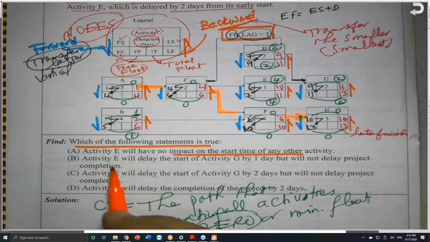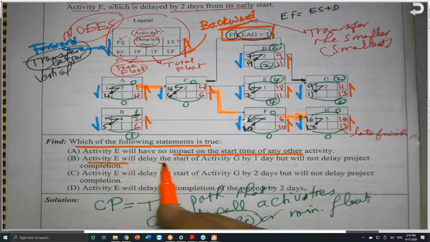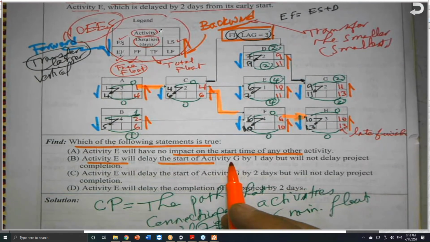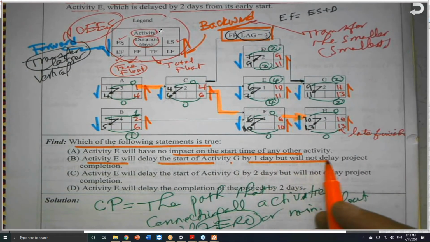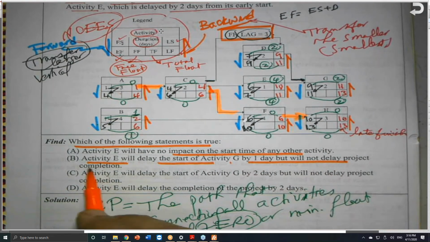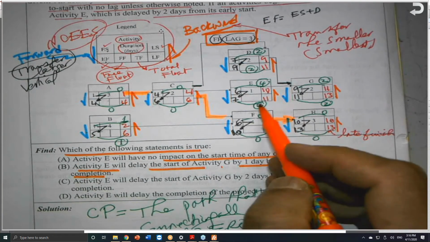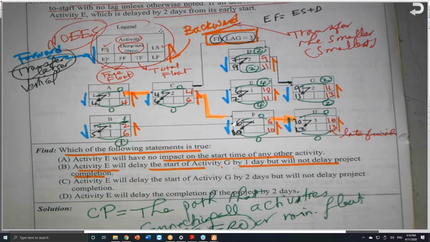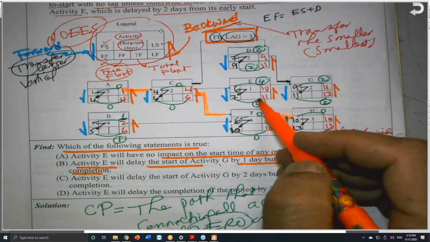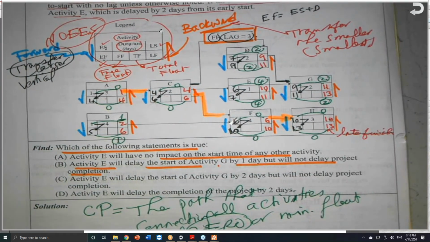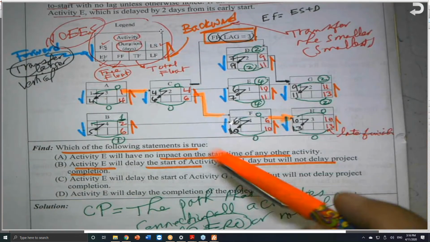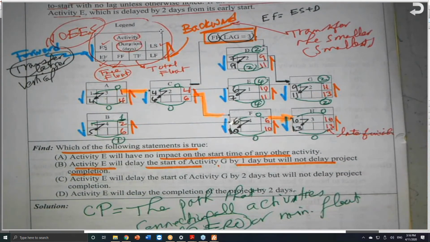Activity E will delay the start of activity G by 1 day, but will not delay the project completion. Activity E has 4 days of total float, so it could be delayed for 4 days without affecting G.